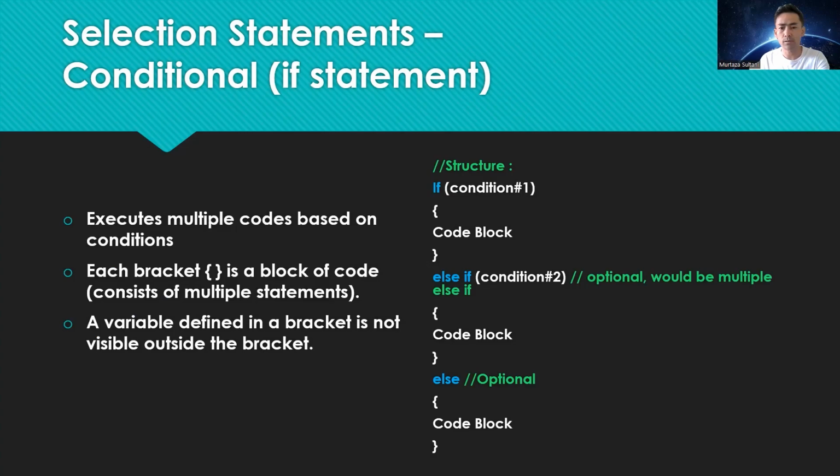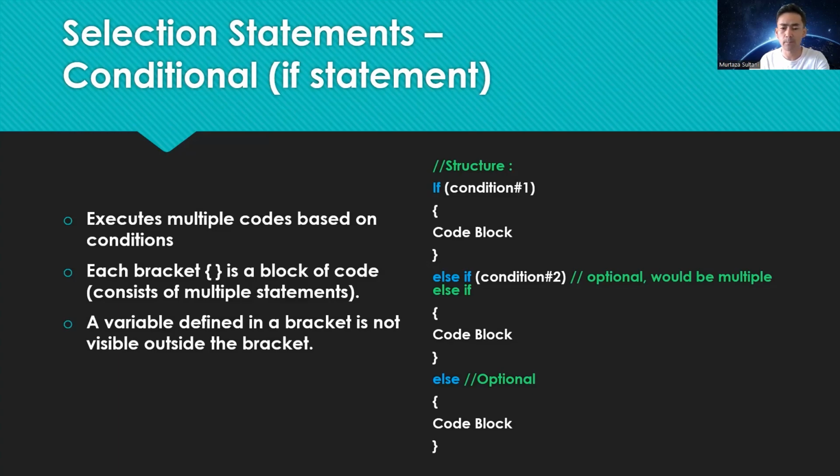If you see on the right side, the structure is that first we write the keyword if. Inside the parentheses, we give the condition. Whenever the condition is fulfilled, the code block inside the brackets will be executed.